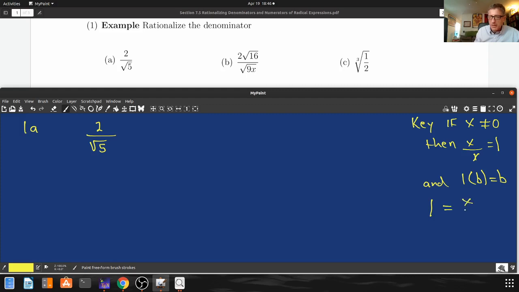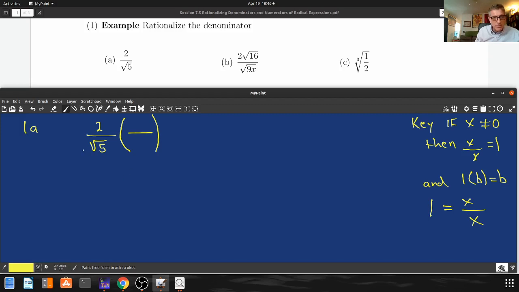How many different choices of x exist where x is not equal to 0? Literally, there's an infinite number of 1. So what we're going to do is multiply by 1, disguised in the form of some number x divided by x, where that number is never 0.